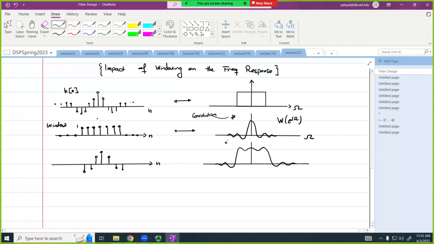So the windowing here is going to give me the convolution of the sinc with this.